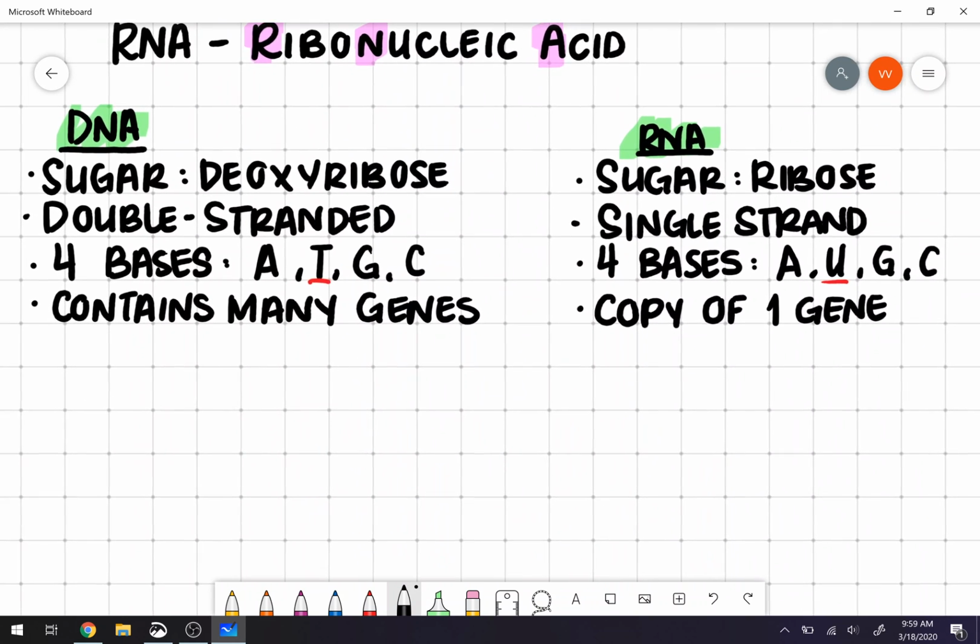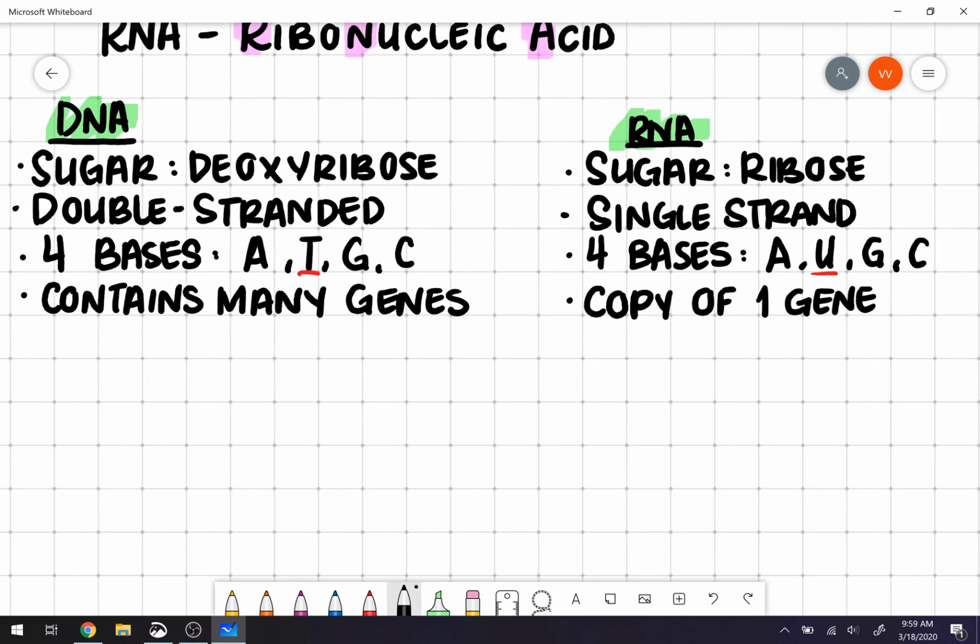Now, the whole purpose of DNA and RNA and genes in general is to make proteins, right?